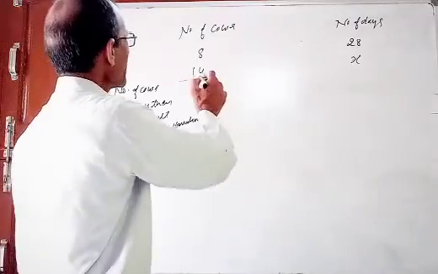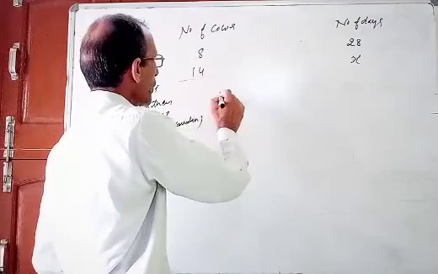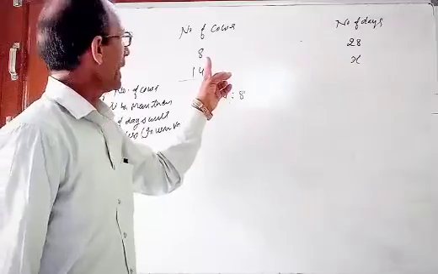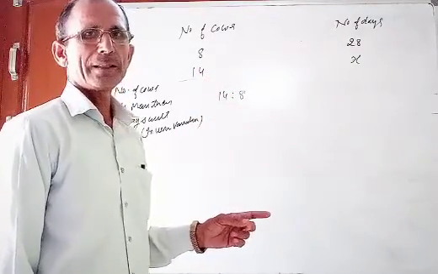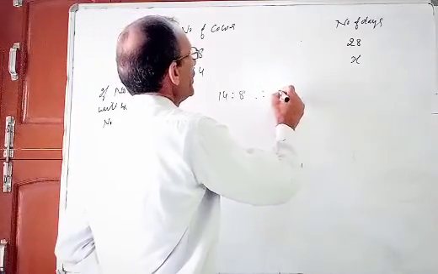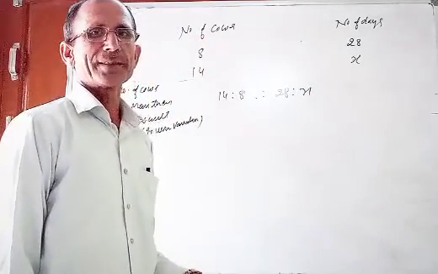So for inverse variation, only this thing you have to keep in your mind. For inverse, first I will write 14. 14 is to 8. And for direct, 8 is to 14. Is it clear? Yes. So 14 is to 8 as 28 is to x.